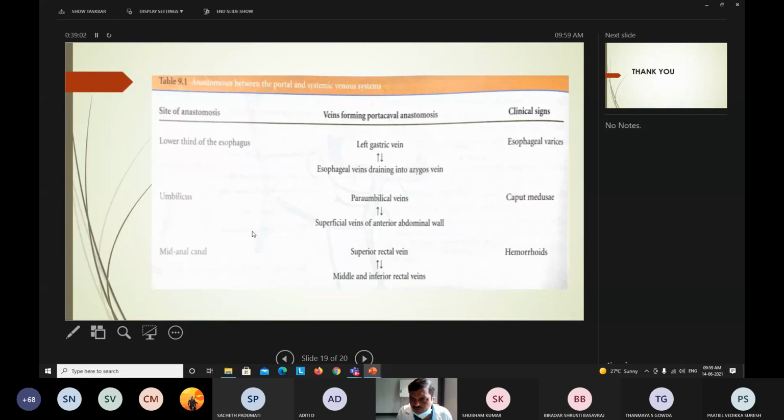One is esophageal varices. In untreated cases, it leads to vomiting of blood, that is called hematemesis. Caput medusae and hemorrhoids. Hemorrhoids may lead to bleeding per rectum during the act of defecation.